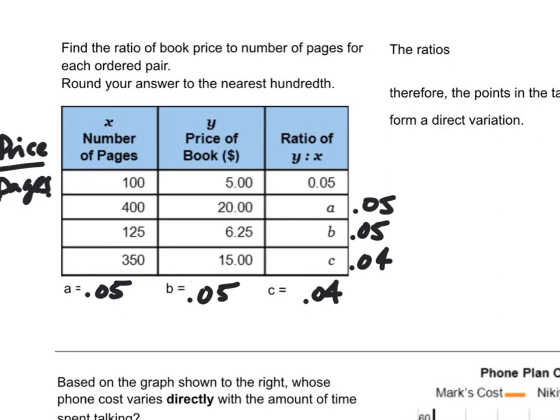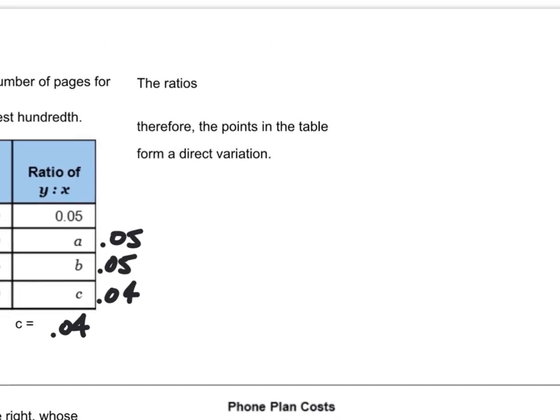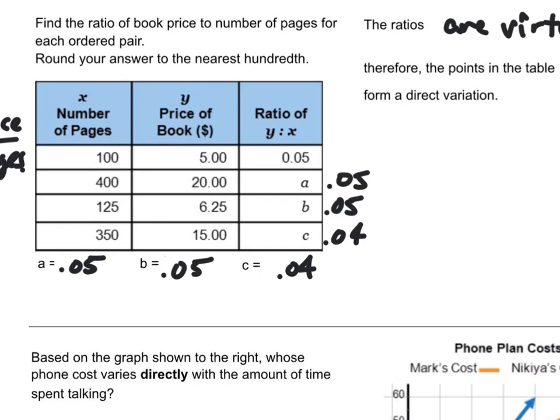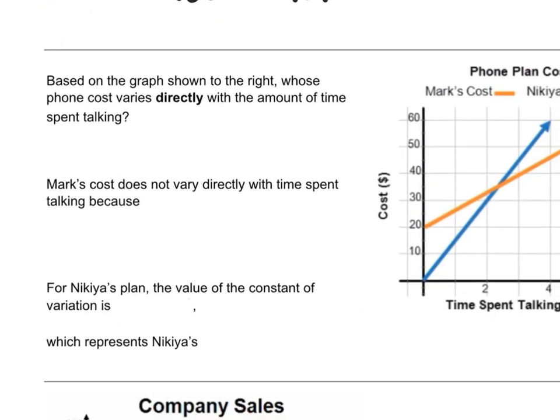The ratios are virtually the same, and we're talking about a cent here, not really that big of a difference. Therefore, the points in the table form a direct variation. If you had 0 pages, you would have a price of $0. That's the idea. Let's take a look at the next one.